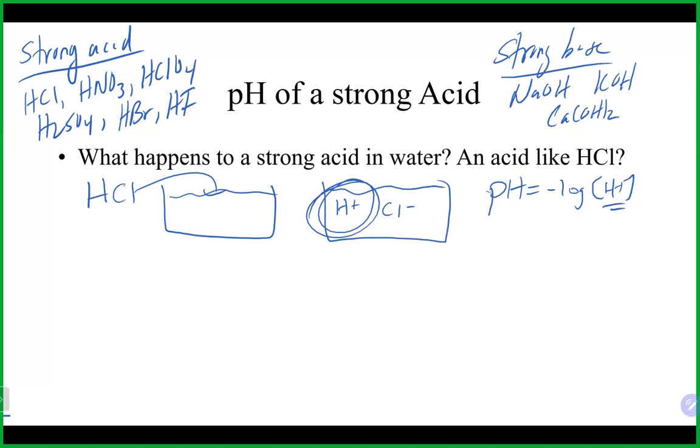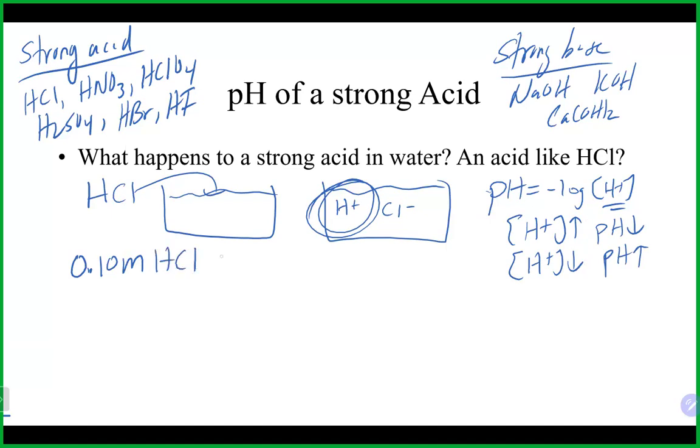So that's really important. If the concentration of H plus is high, we will have a relatively low pH, and vice versa. If you have a lower H plus concentration, you'll have a higher pH because you also have a higher OH minus concentration. So let's say, for example, we had 0.1 molar hydrochloric acid solution and we wanted to know the pH.